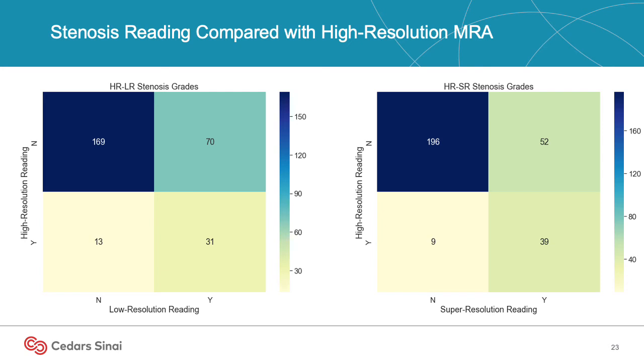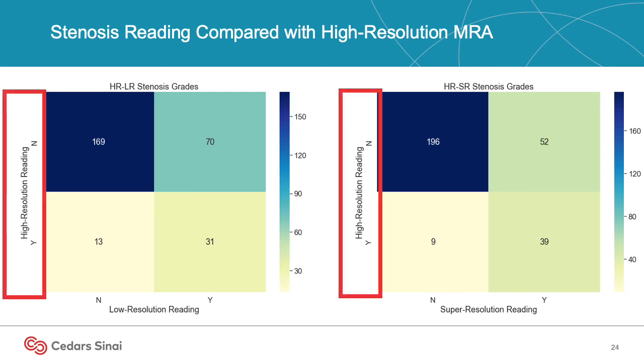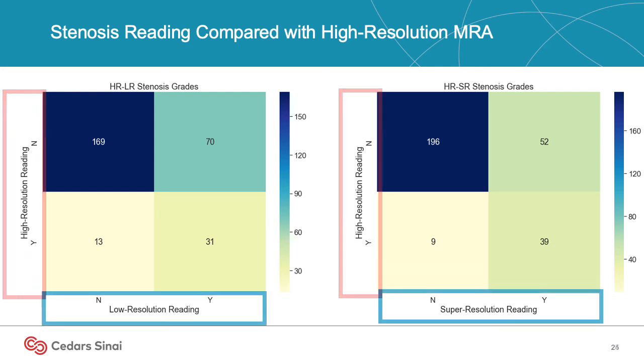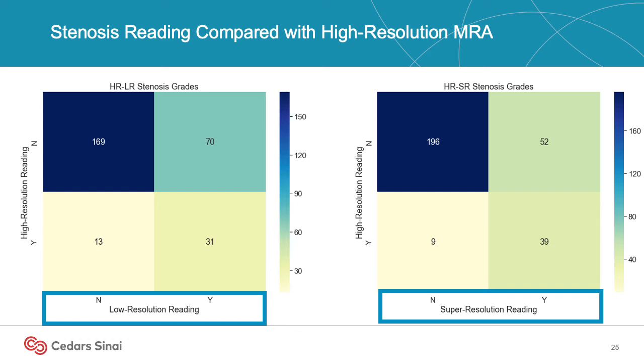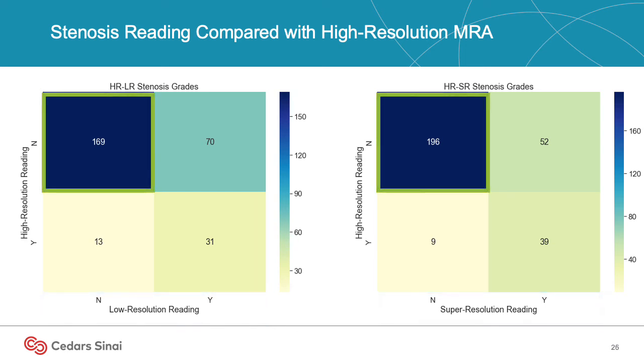Let's look at the confusion matrix of the stenosis readings. On the left, it is the high resolution reading in the horizontal direction. On the bottom, it's the low resolution and super resolution reading in the vertical direction. We can see the super resolution provides more correct negative stenosis readings, as we can see here, higher number.